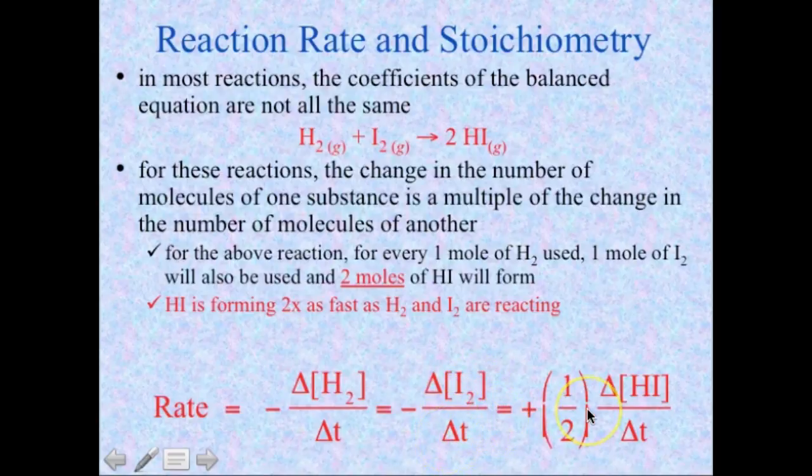But if we wanted the hydrogen iodide rate of appearance to equal the rate of disappearance of the reagents, we have to multiply by 1/2 the change in concentration of hydrogen iodide divided by the change in time. What we've done here is taken the coefficient in front of hydrogen iodide and inverted it so that all of these terms are going to be the same number when expressing the rate.